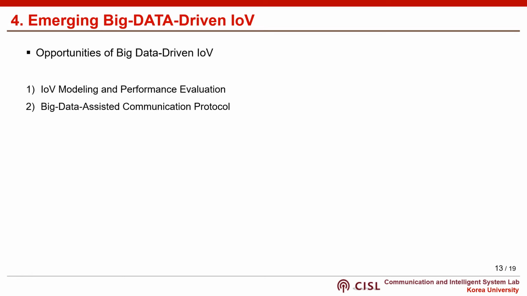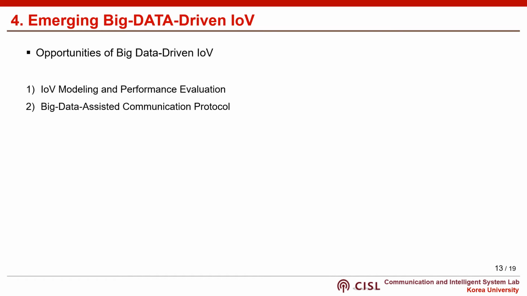But by mining massive data transmitted via IoV, it is possible to set up an accurate IoV communication model to estimate practical parameters, such as the data arrival rate or channel characteristics and capacity, informed by the data.